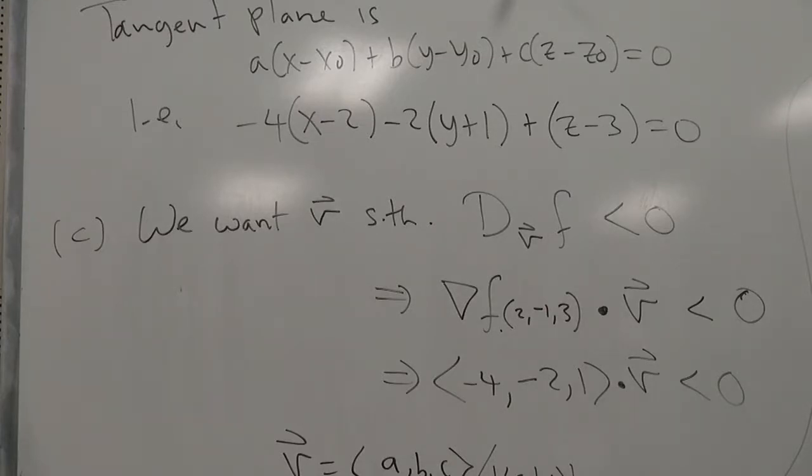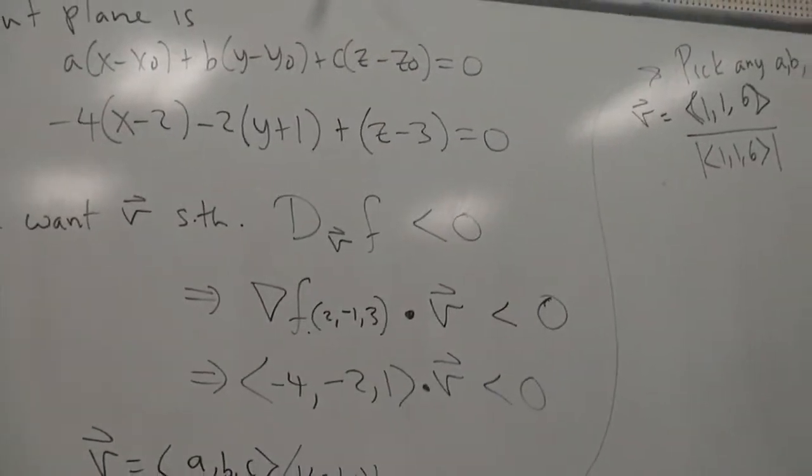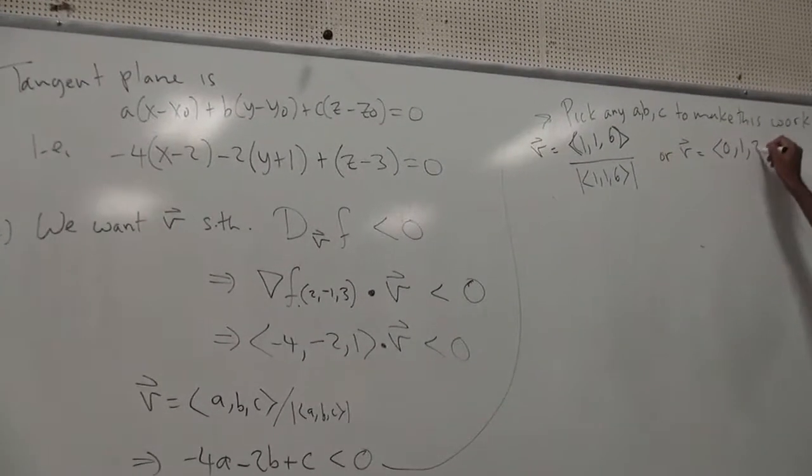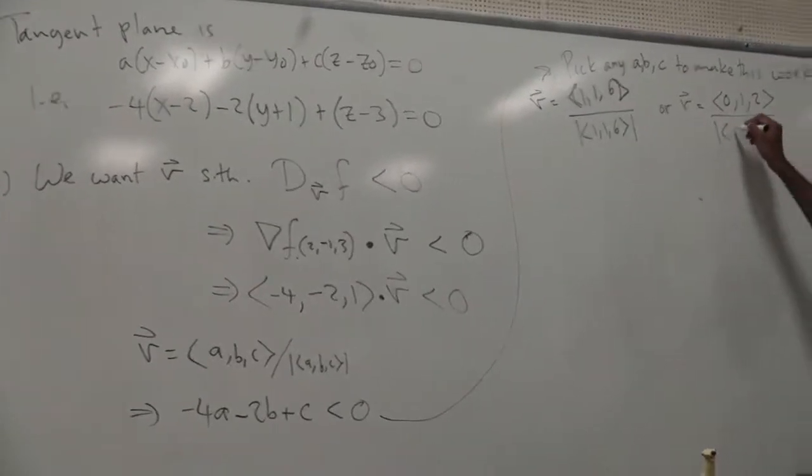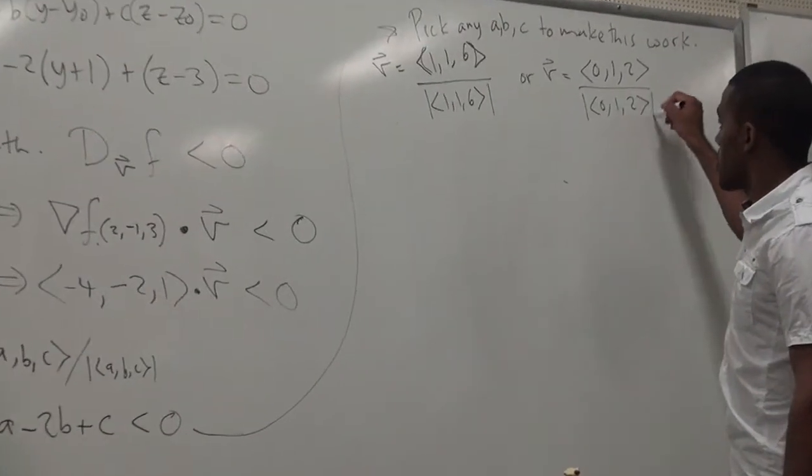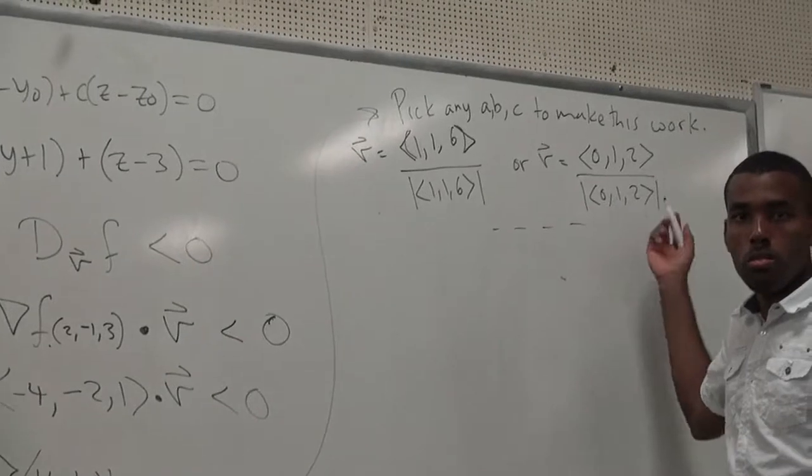That would work. Or I could say something like (0, 1, 2). That also works. There are tons of values there.